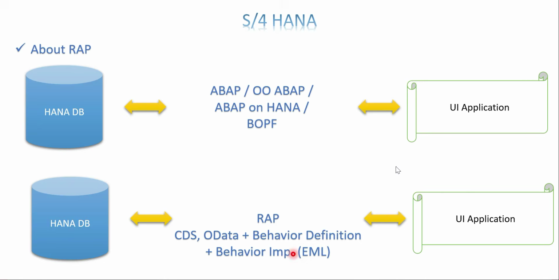Behavior implementation uses EML, the Entity Manipulation Language, and it is a place where we can write our ABAP code. So the combination of CDS, OData, and ABAP is RAP. The place where we write and the steps to be followed are the new things. Other than that, everything is the old one, whatever you are already good with, like CDS, OData, and ABAP. The same thing we are going to make happen in RAP as well.